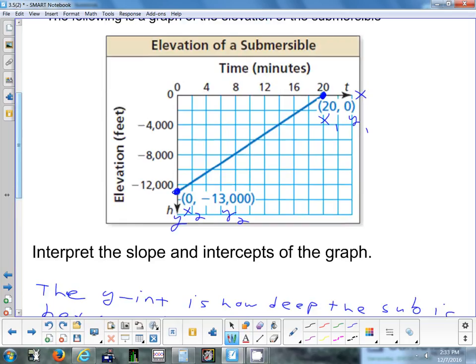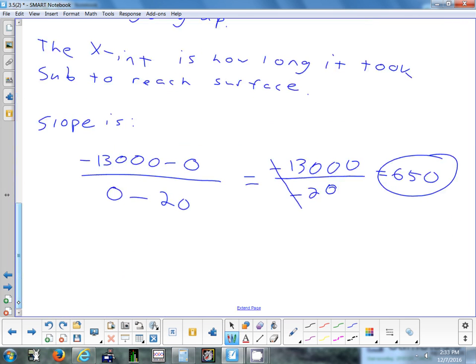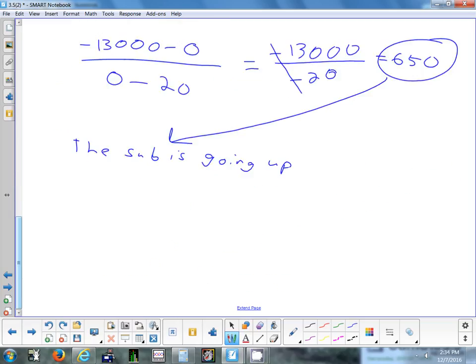This sub is going up towards the surface 650 feet every minute. That's really fast. Yeah, that'd be pretty fast. So that's what the slope means. Okay? So just put the sub is going up, or you could put ascending. The sub is going up at 650 feet per minute.